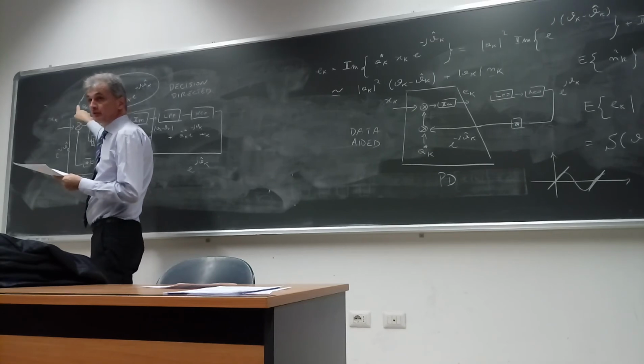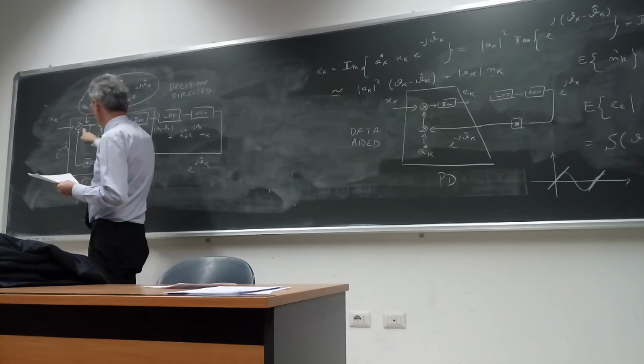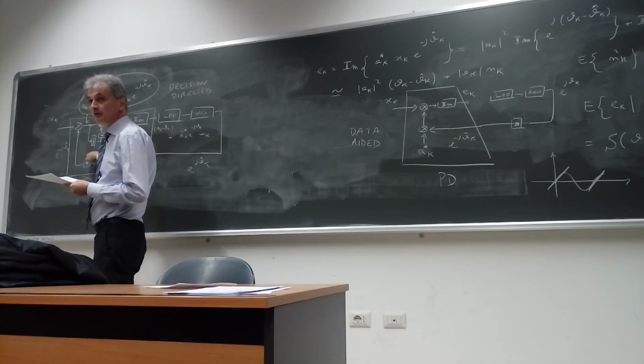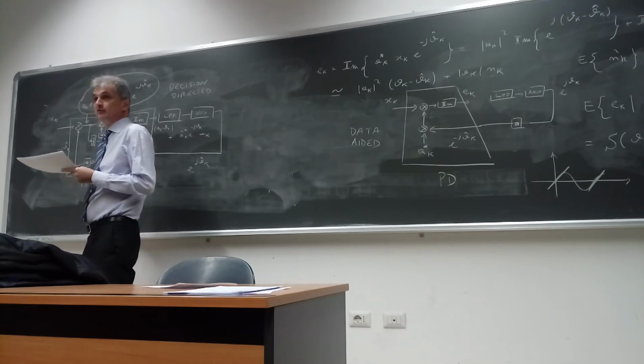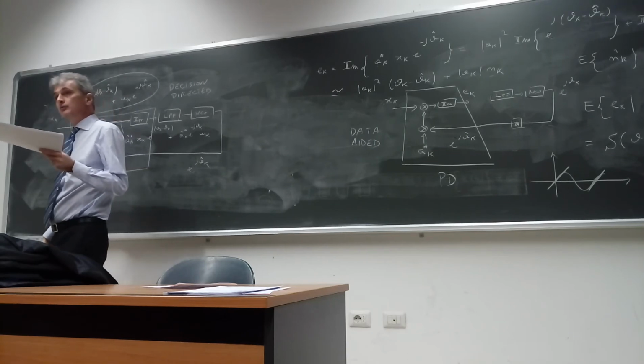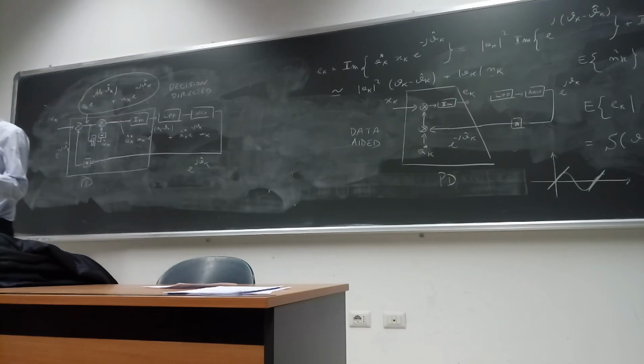If the channel is good in terms of signal to noise ratio, then I can take decisions and use them in place of the training sequence. So I can renounce the training sequence, or better, I can use the training sequence for the bootstrap, that is, to get a first estimate of theta.